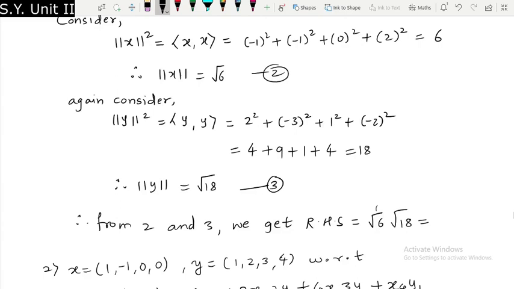So it is under root of 108. If you want, you can simplify it further. Do we have 36 in it? Yes, 36 times 3 is 108. So it will be 6 under root of 3.